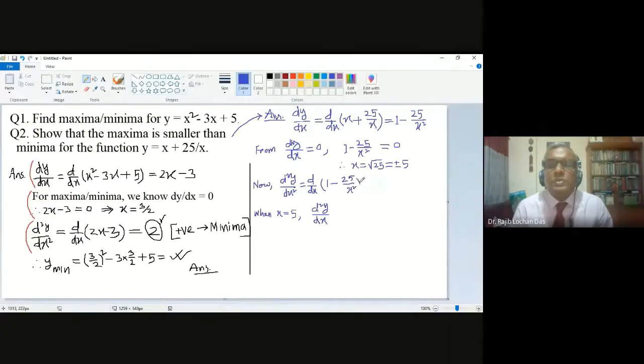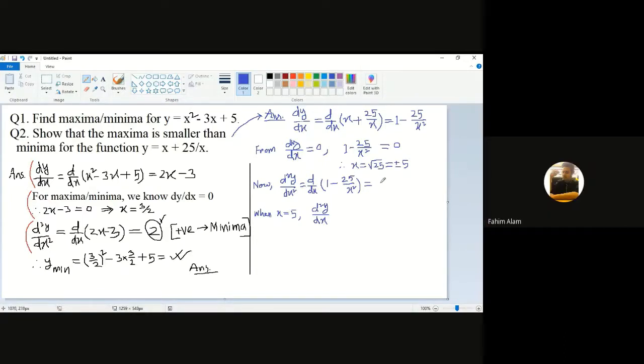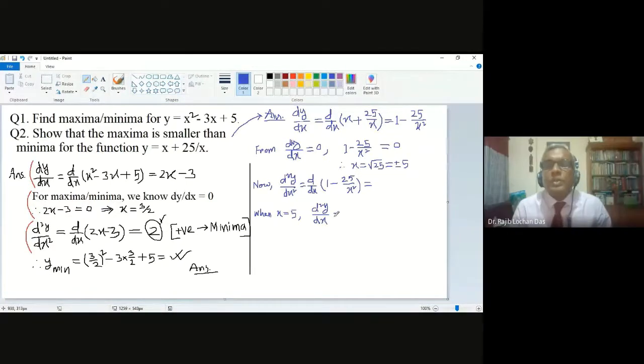For 1 it will be 0, and for minus 25 by x square, the final answer is 50 by x cube. It will be plus, and it is 50 divided by x cube. If you are not sure, just use the x to the power n formula, and automatically this answer will come.